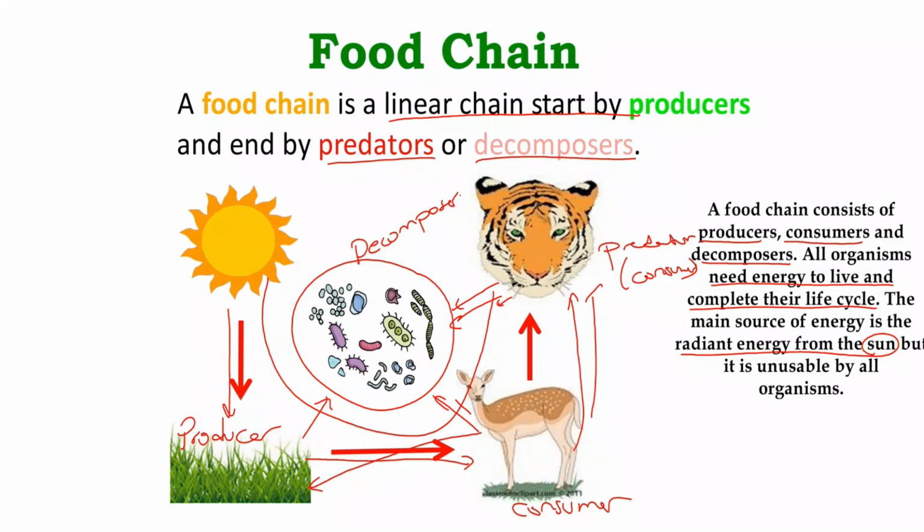This tiger cannot get sunlight energy directly, not from plants, but from what? From other animals. So there is a relation between these living things. We call it a food chain, because always the previous one feeds the next organism to make a chain of food.